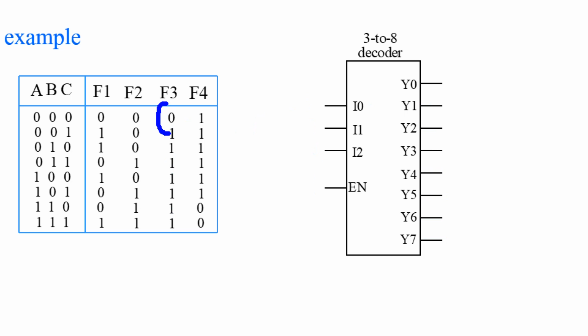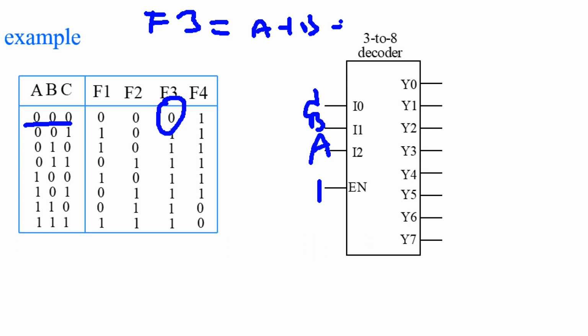How about if I consider logic 0 output? Enable is 1, inputs A, B, C. Now function F3 will be 0 when input is 0 0 0, right? So you can write F3 as A or B or C, equal to 0. Just only one case, or maxterm.